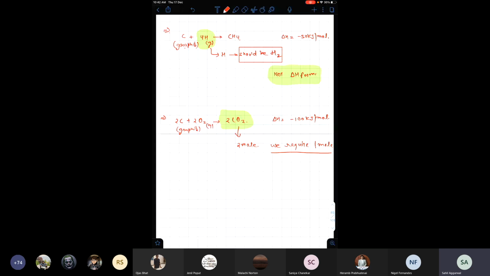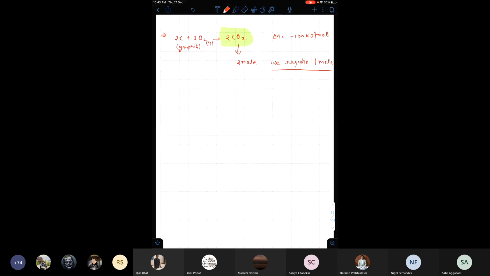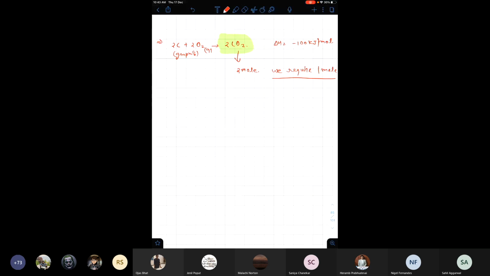So please remember what all I have highlighted that you have to see: standard form and mole of formation. All of you understood this?